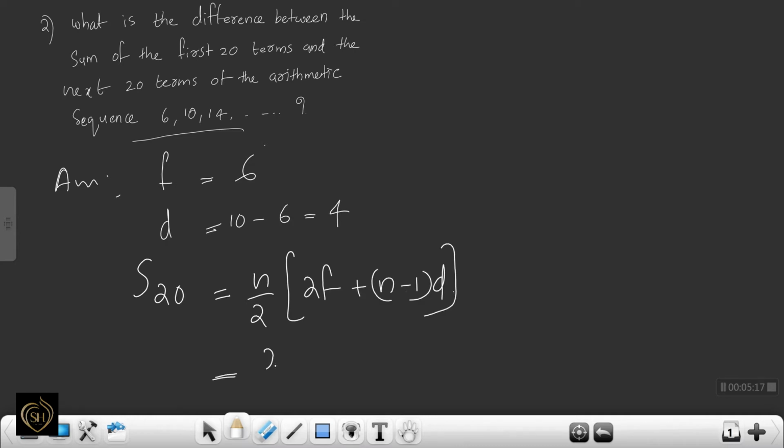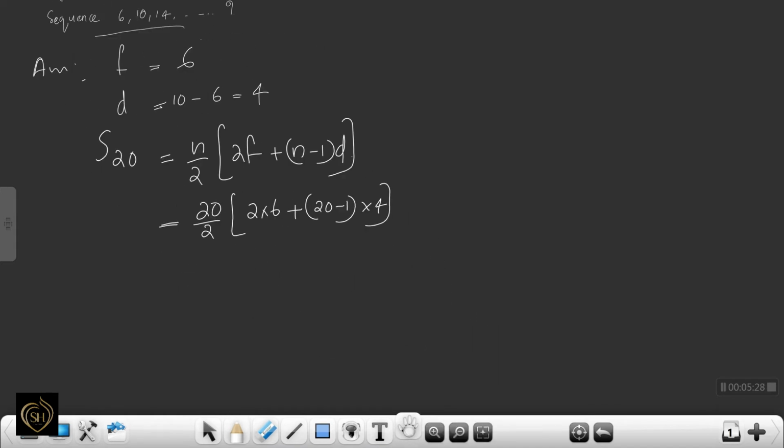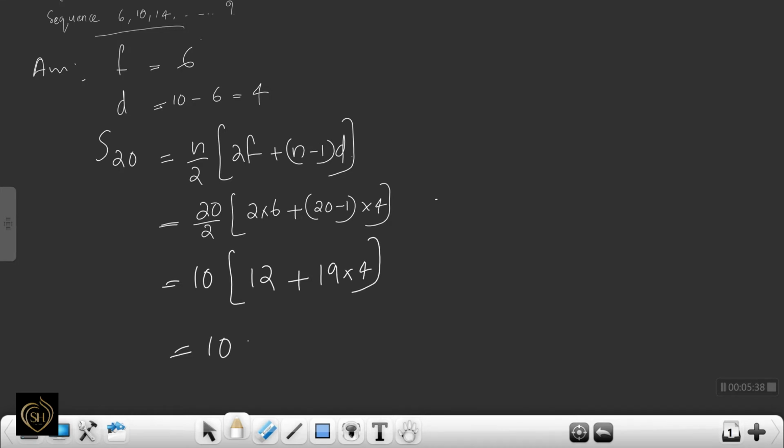This is equal to 20 by 2 into 2 into 6 plus 20 minus 1 into 4. This is equal to 10 into 12 plus 19 into 4.